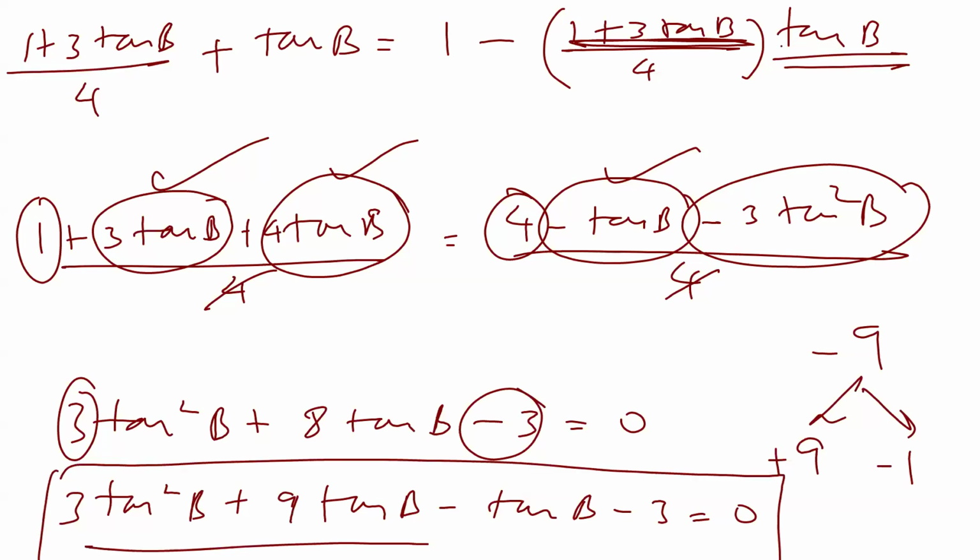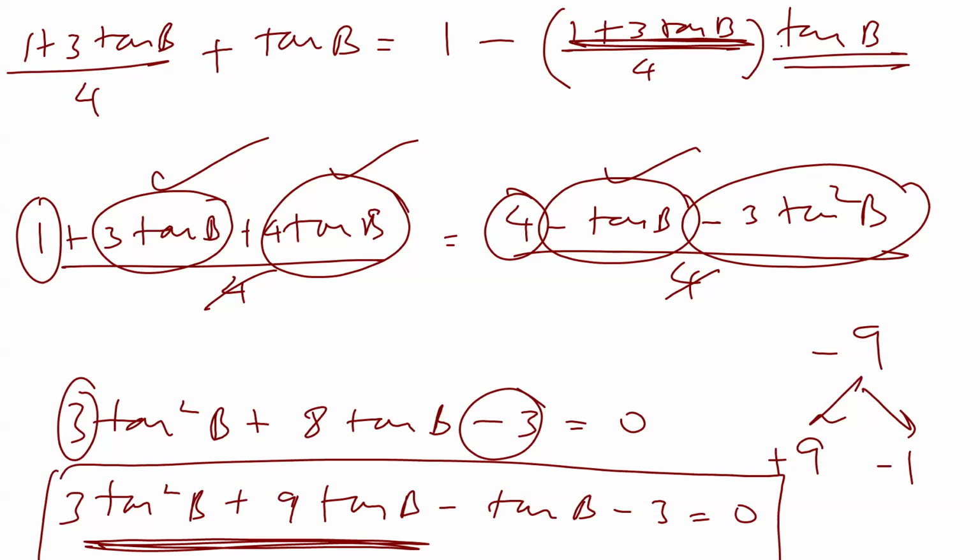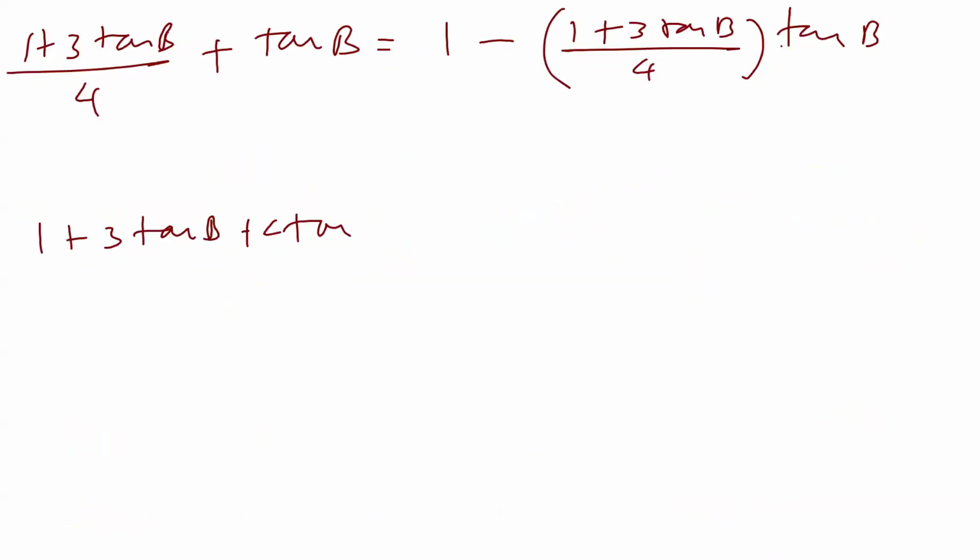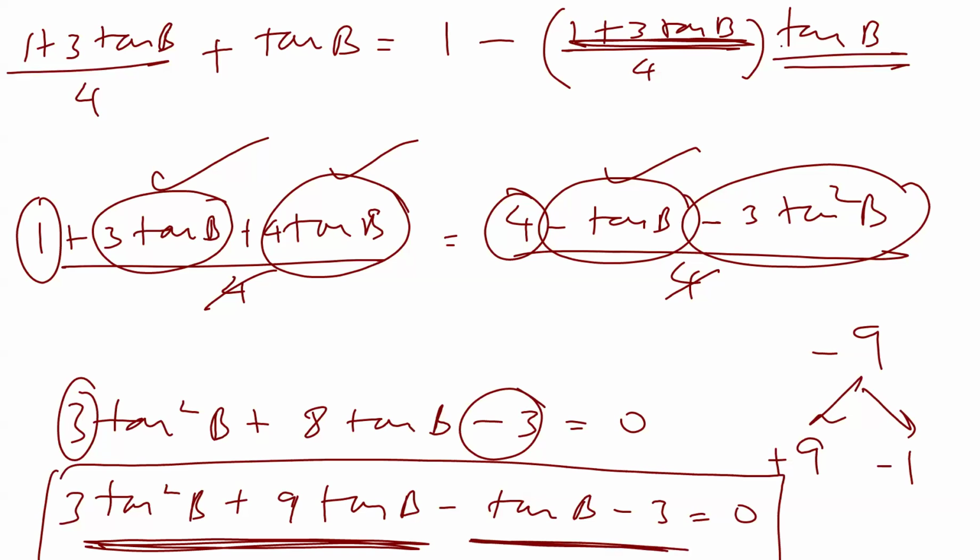So take 3 tan B over here common. 3 tan B common. So it will be tan B plus 3 within the bracket. Minus 1 common I'll take, and tan B plus 3.